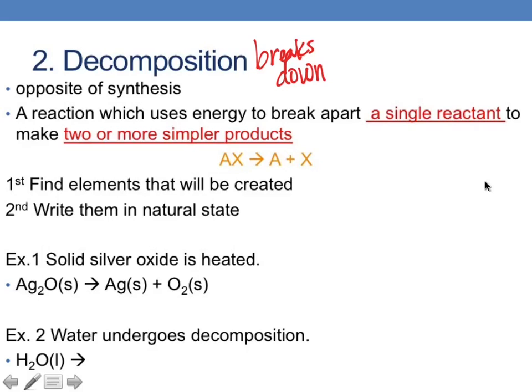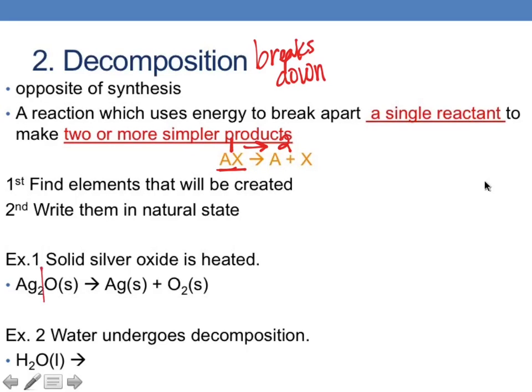If you have 1 reactant, it's going to break into 2 or more products. So you're just breaking it down. What you really are going to do is figure out what elements compose it and break it down into its elemental parts, its natural state.